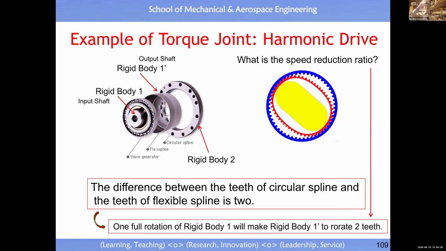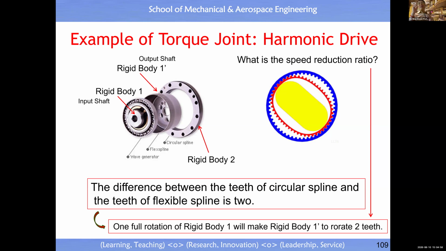All right. So in this case, when you rotate rigid body 1, rigid body 2 will not rotate at all, because it will not produce relative motion. But when the difference between the number of teeth is 2, it means what? When rigid body 1 undergoes one full rotation, rigid body 2 will undergo a relative motion of 2 teeth.